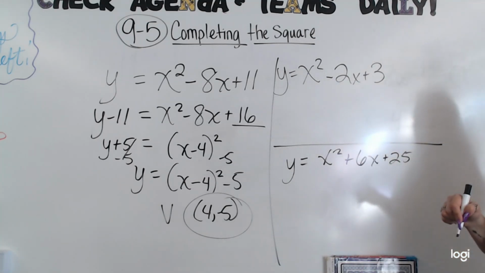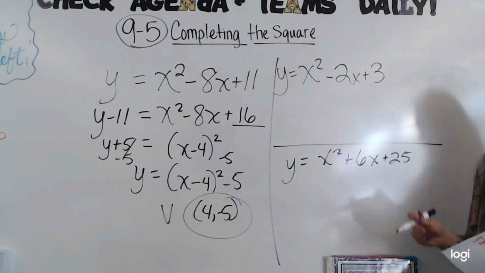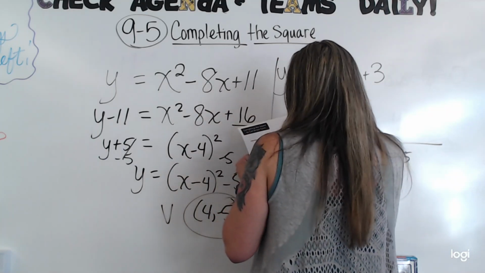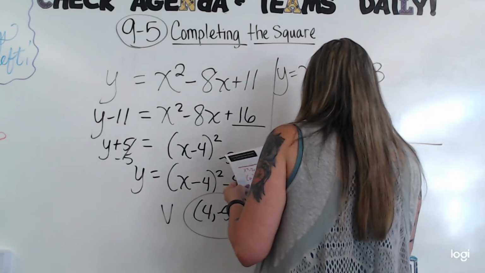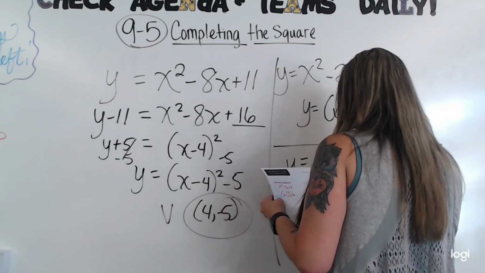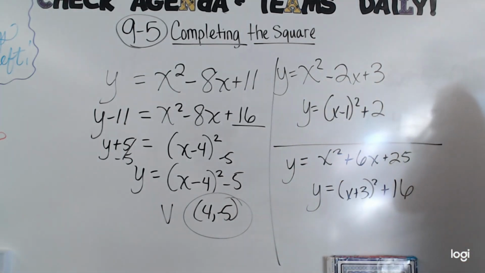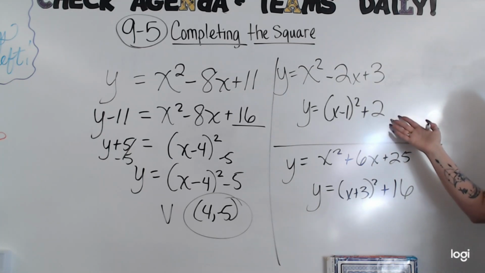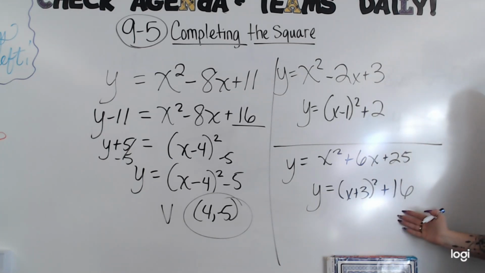Okay, pause it, try it on your own, and then come back and check the answer. Okay, so let's see how you did. This is the answer to the first one. This is the answer to the second one.